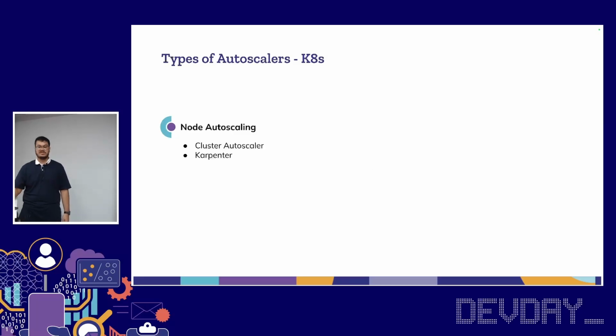Kubernetes itself supports three types of autoscalers. The first one is node autoscaling, and for this there are two tools that are widely used. The first is Cluster Autoscaler. This is a very popular tool backed by the Kubernetes SIG. These are special interest groups who contribute to the source code of Kubernetes.